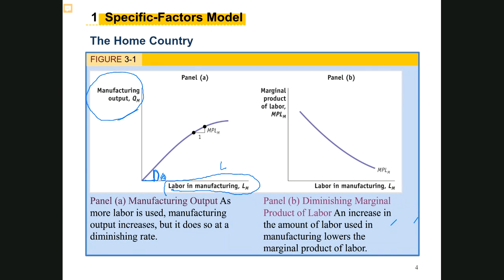Okay, by the same token, if you hire the second one, this is what you get. So this is the first laborer, this is the second one. What about the third one?